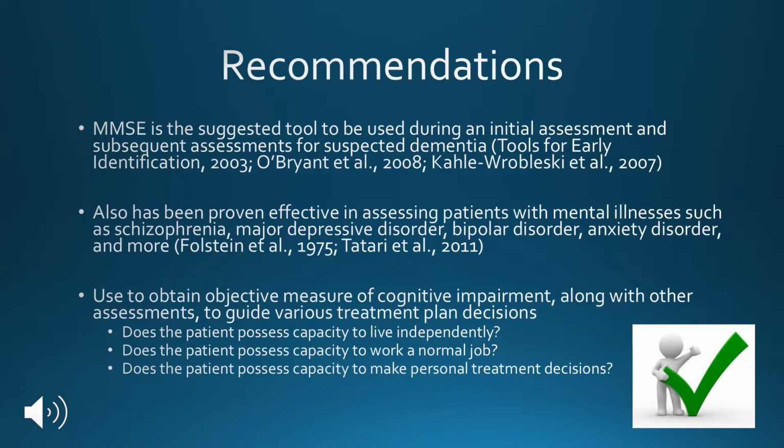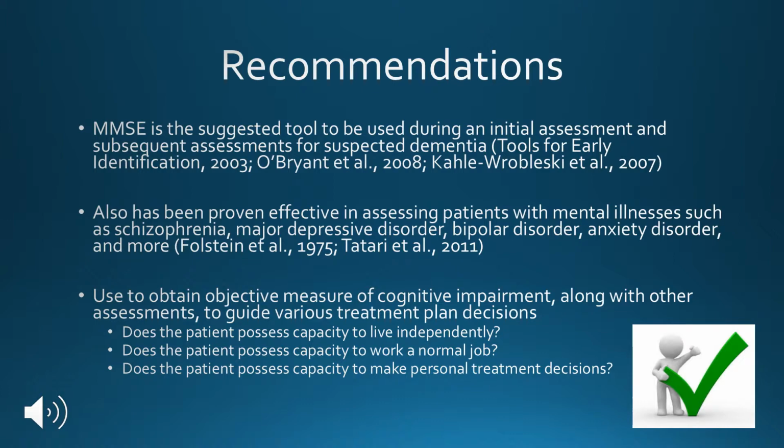Lastly, the MMSE can be used to obtain an objective measure of cognitive impairment along with other assessments to guide various treatment plan decisions. Some examples are based on the score of the MMSE and the degree of cognitive impairment.